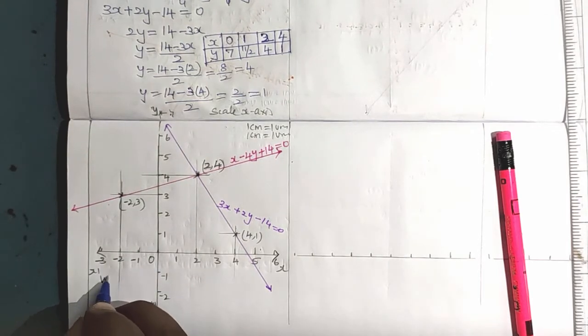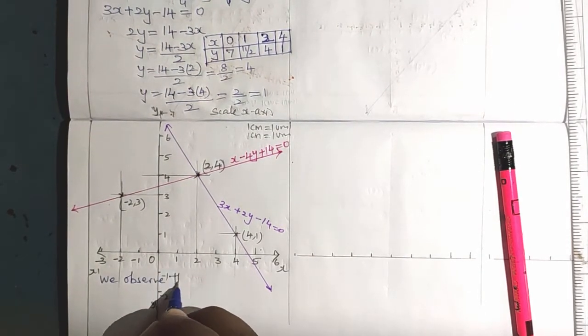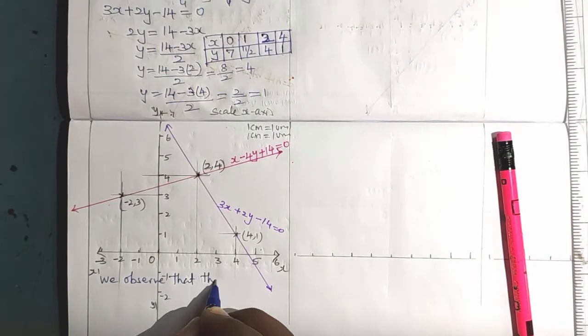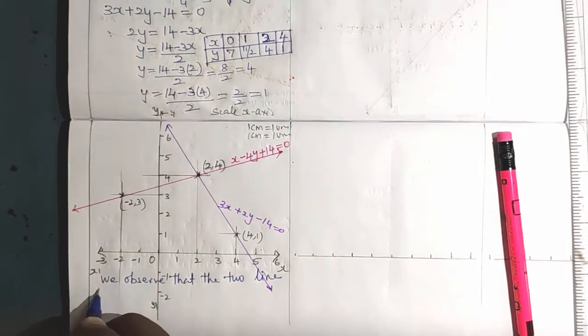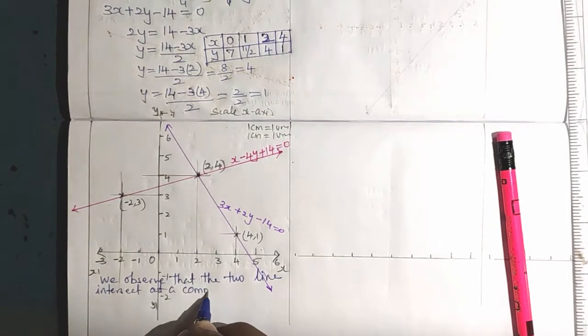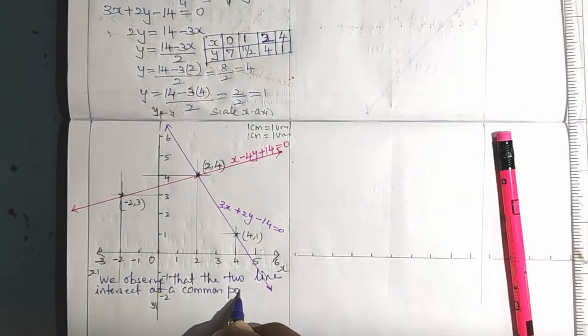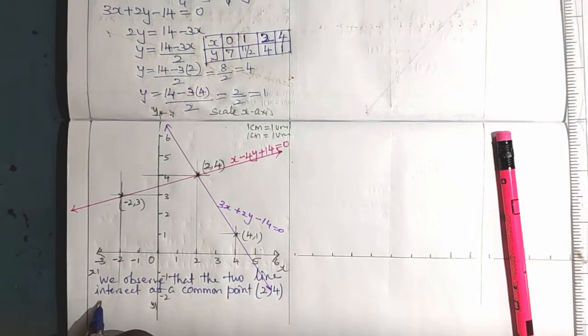We observe that the 2 lines intersect at a common point. What is that common point? Common point is 2, 4.